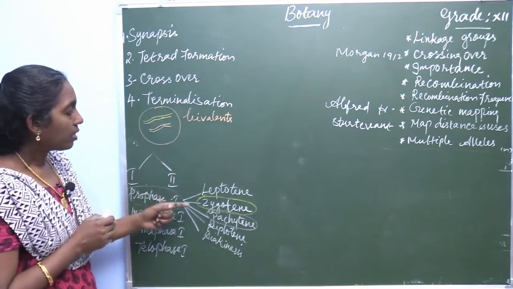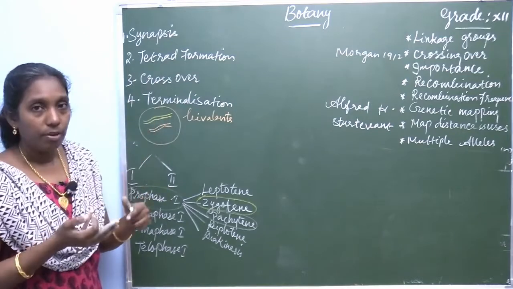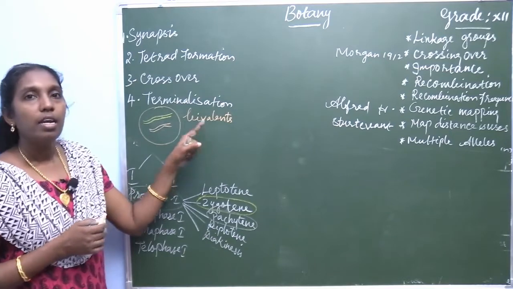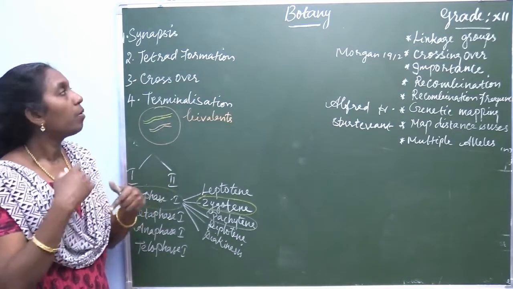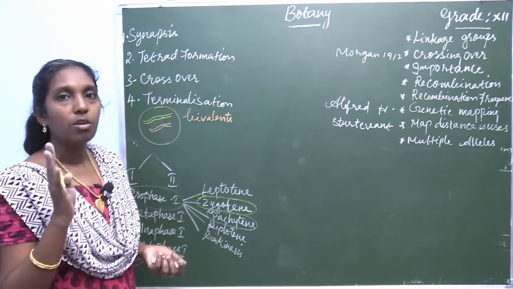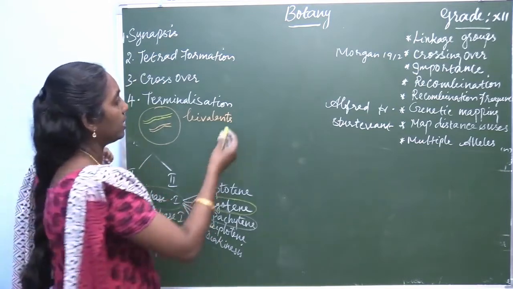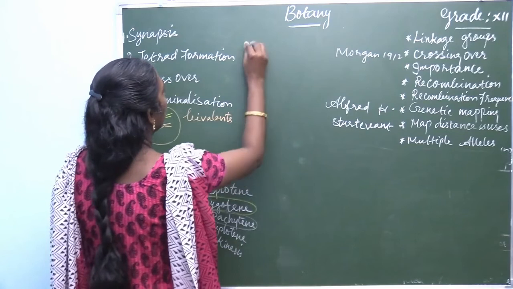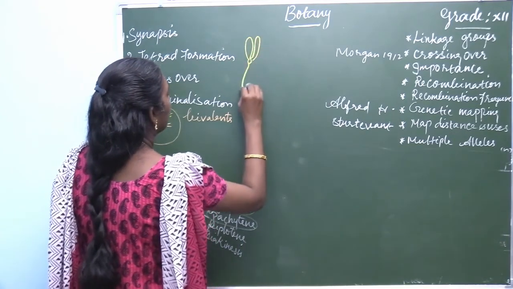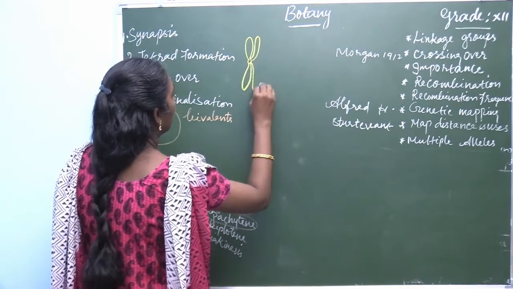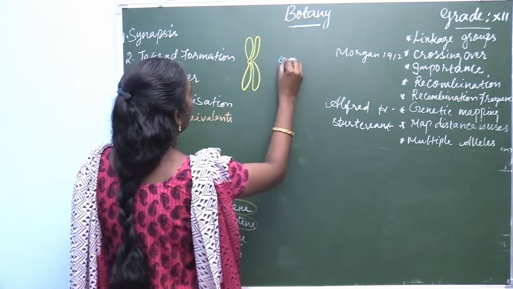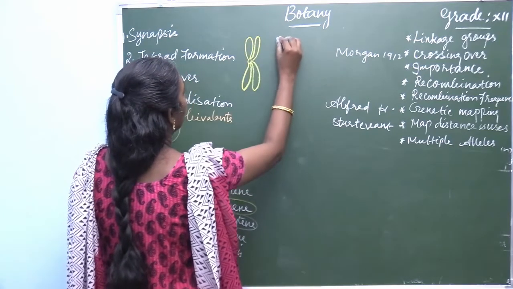Then what's the next stage? The tetrad formation. After producing the bivalent, the chromatids form a tetrad, which consists of 4 chromatids. This is one homologous chromosome and this is another homologous chromosome.